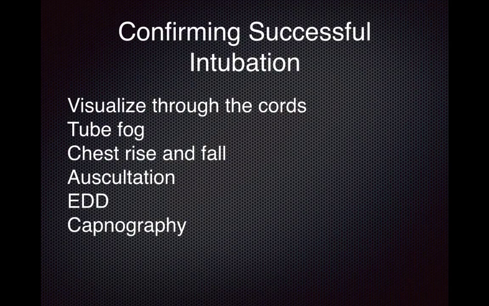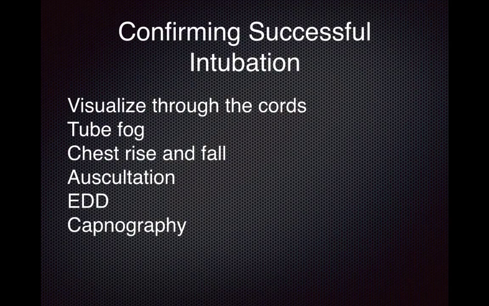So we've used these assistive methods. We're becoming more and more proficient with our ability to intubate, and now let's talk, just real quickly, about confirming the successful intubation. First, as we intubate, the visualization through the cords. This is kind of my top 6 ways to determine the success of your intubation, right? So we're going to visualize through the cords. We're going to confirm tube fog.